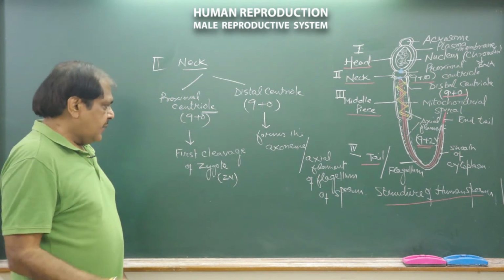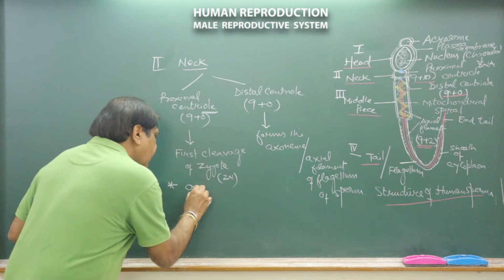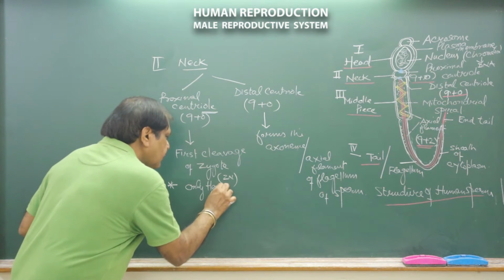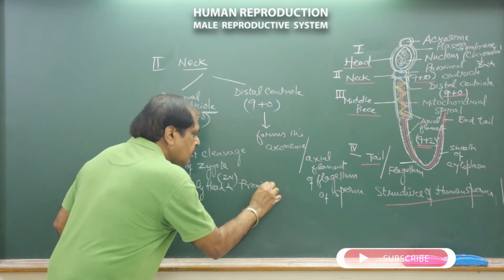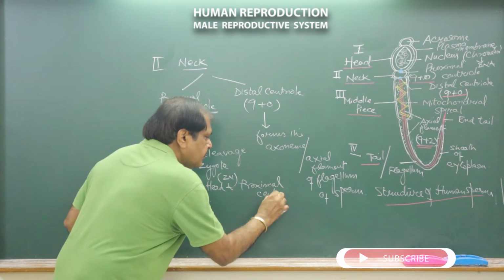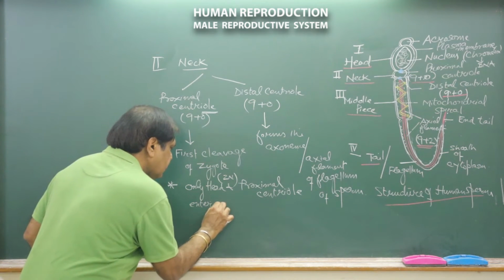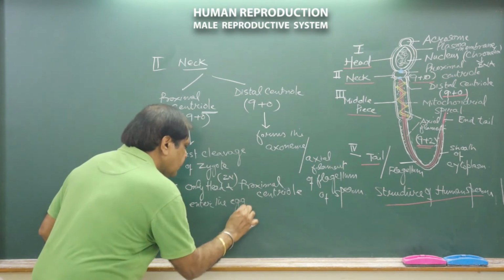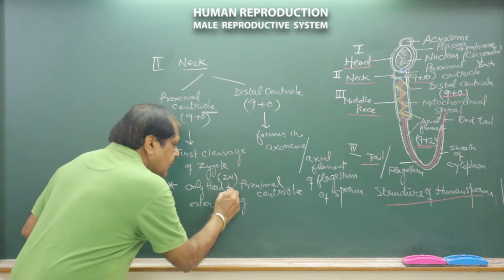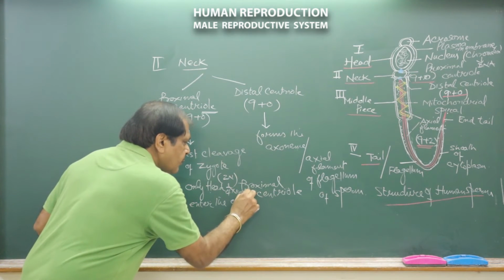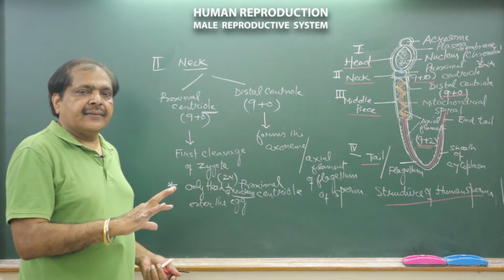Only the head, the nucleus, and the proximal centriole enter the egg.